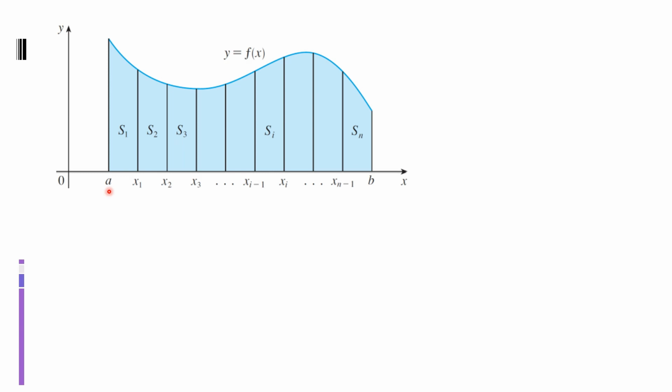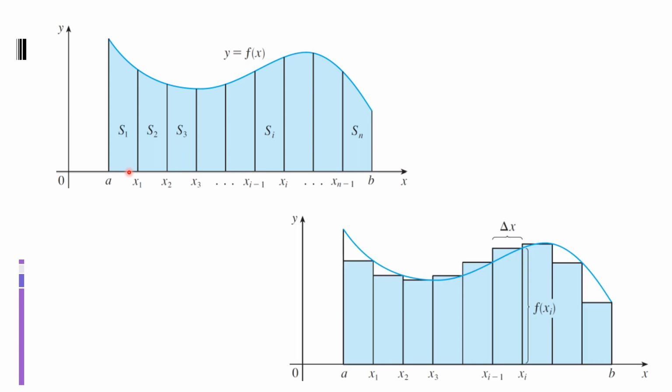Tapos, it implies that the width of each strip is actually equal to delta x. Okay? So, ano yung delta x na yon? That is actually equal to b minus a over n.